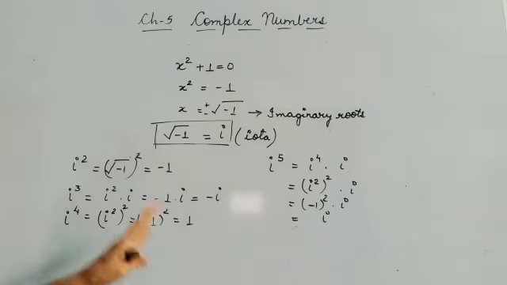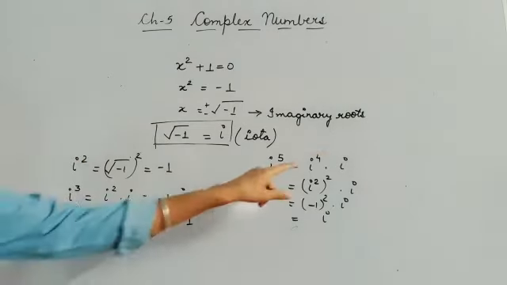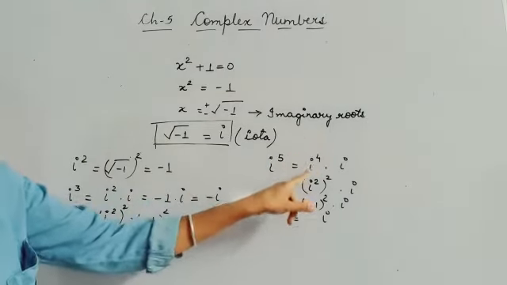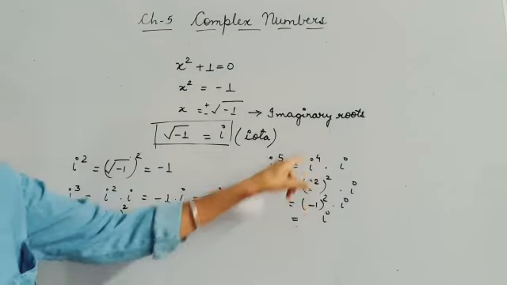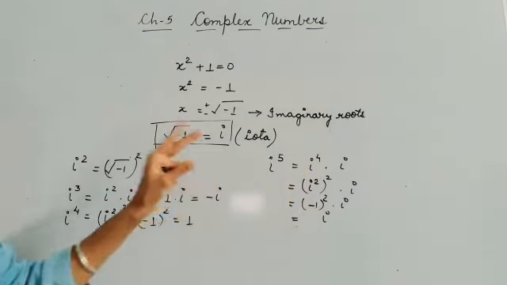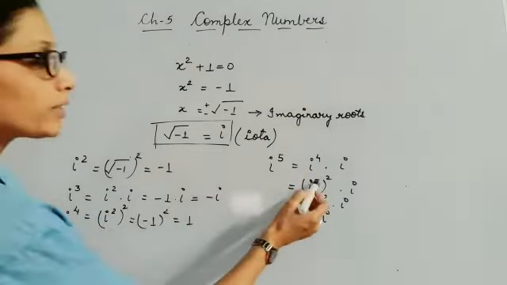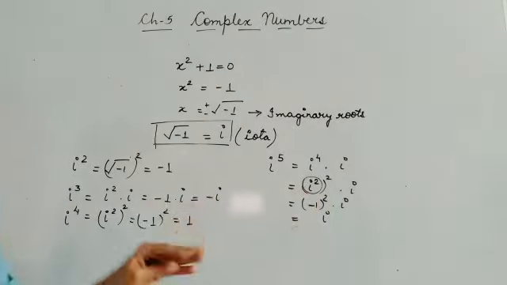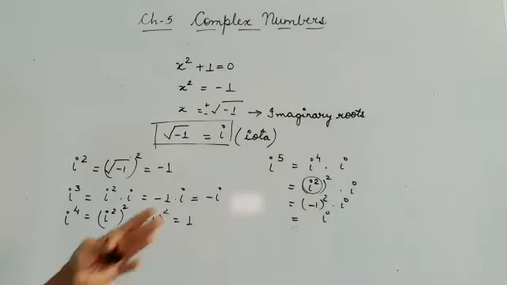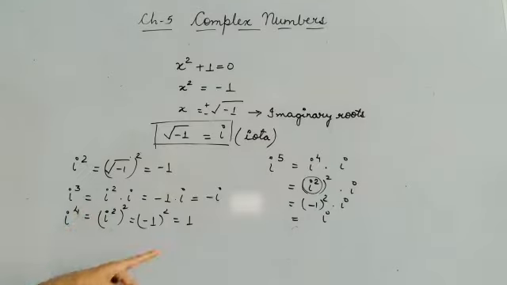Children, I always suggest that whenever you split an even power of iota, you always split into multiples of 2 and not multiples of 4 or 6. Yes, of course, we are getting iota raised to power 4 as 1 here, the first positive value.